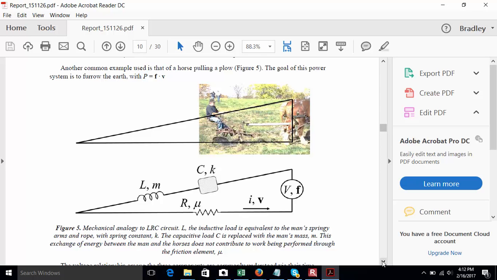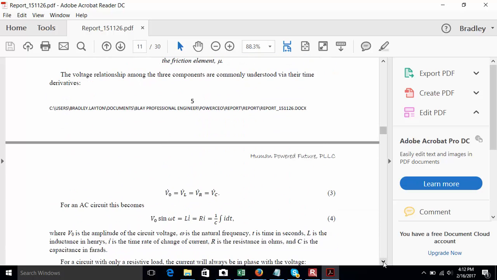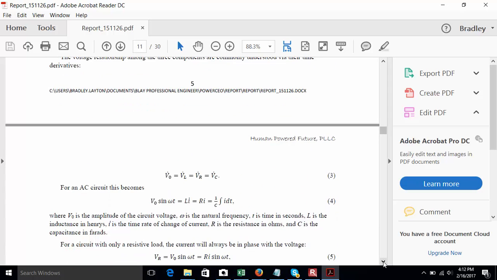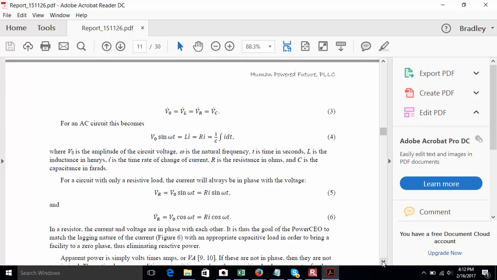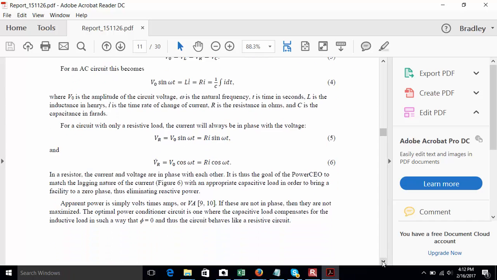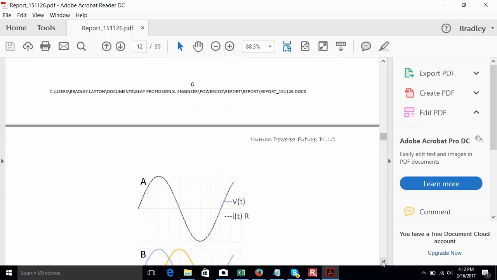Yeah, Pythagorean theorem. So all that trig is going to pay off soon. And then let's get in a little deeper here. It was my goal to describe power factor to you, and these are the differential equations that govern. Kind of fun. Just sines and cosines. A little bit of trig. Nothing too crazy.